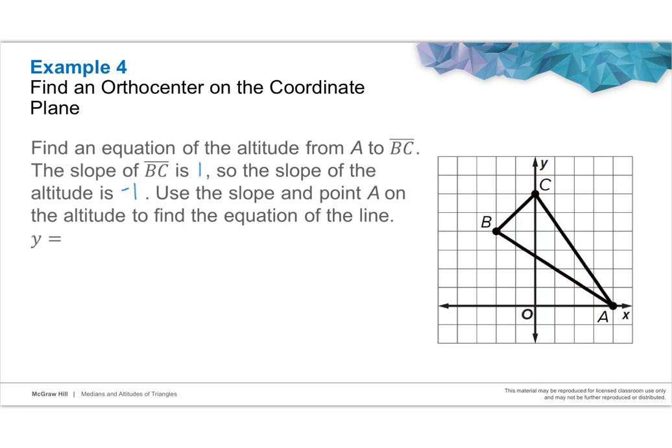Again, if we go through that point slope process, point A is the point (4, 0). So we have y minus 0 equals -1, our altitude slope, times x minus 4, or y equals -x plus 4. So there's our second altitude equation.